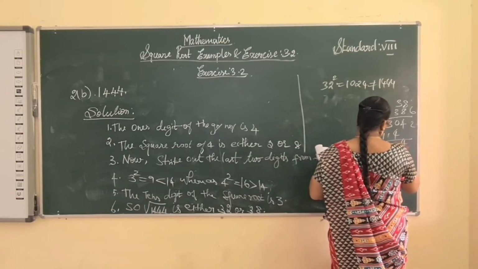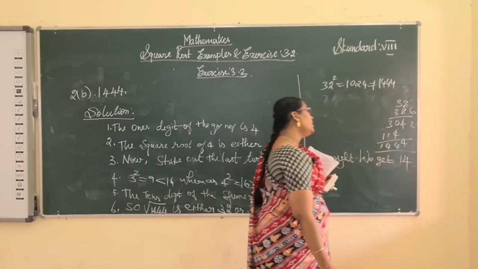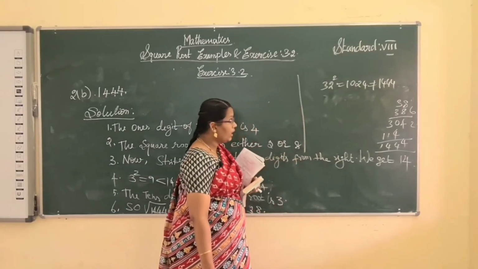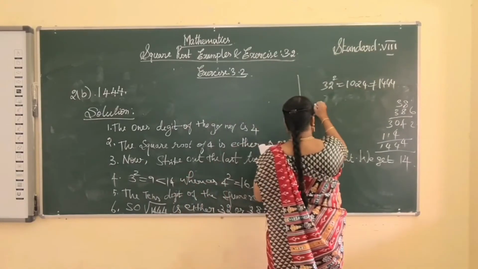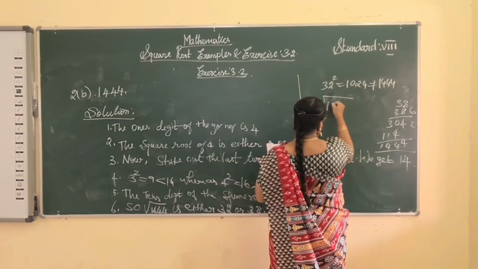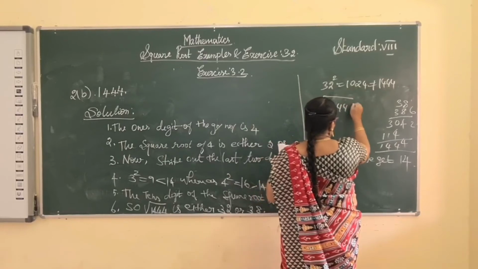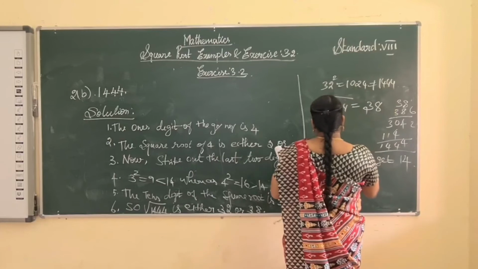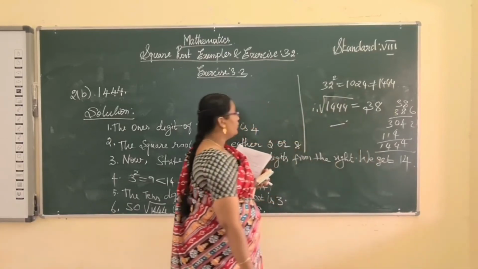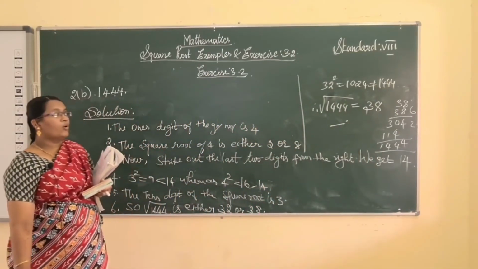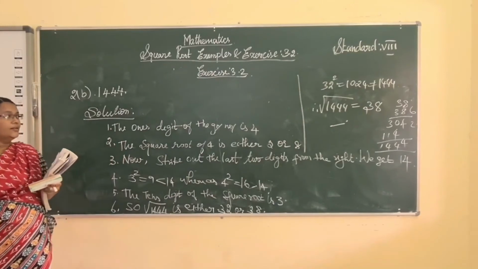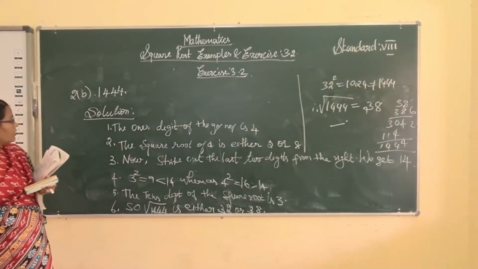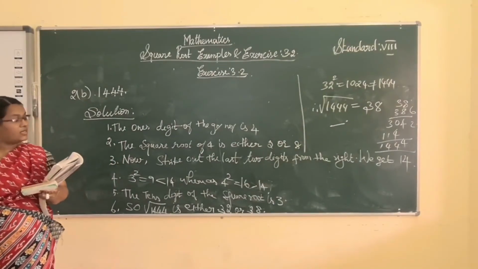So we get 1444. Therefore, the square root of 1444 is equal to which number? 38. Therefore, the square root of 1444 is equal to 38. This method is called the ones and tens method.